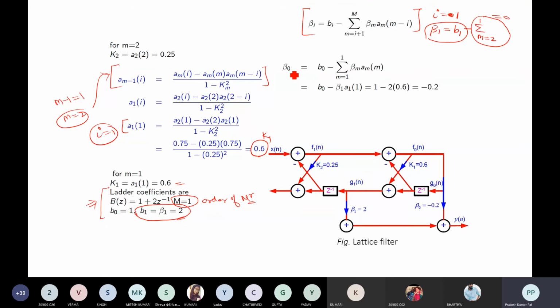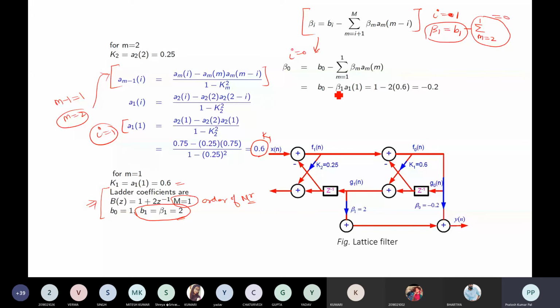Now we need to find beta 0, because two coefficients will be there in the case of m equal to 1. So we need to find it by putting i equal to 0 into this expression. Beta 0 will be equal to b0 minus summation, i equal to 0, we will be putting 1 to 1, beta m am of m.